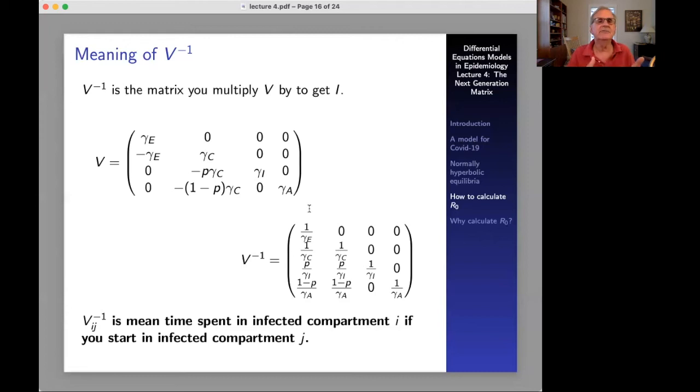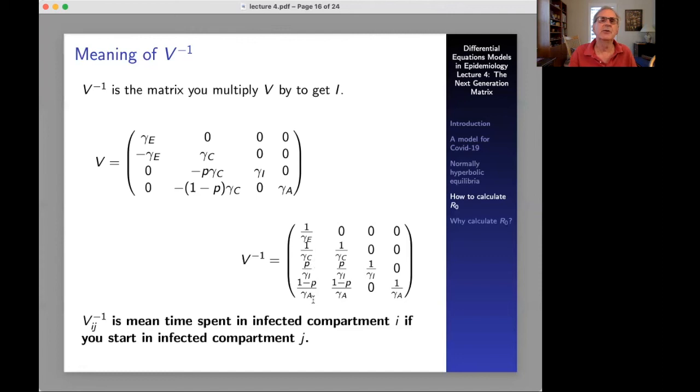If you start in infected compartment E, here's how you end up spending your time. You spend time 1 over gamma E on average in compartment E. Then you move into compartment C. You spend time 1 over gamma C in that compartment. And then there are 2 possibilities. If you move into compartment I, you spend time 1 over gamma I there.